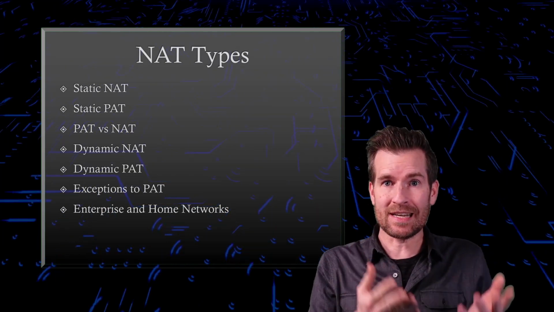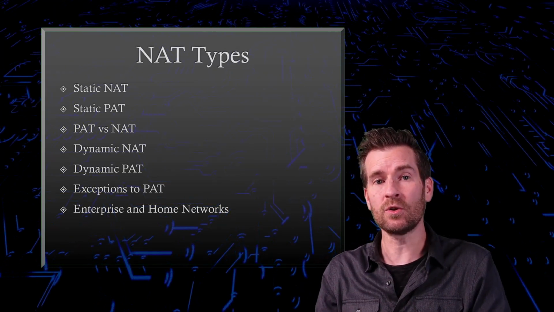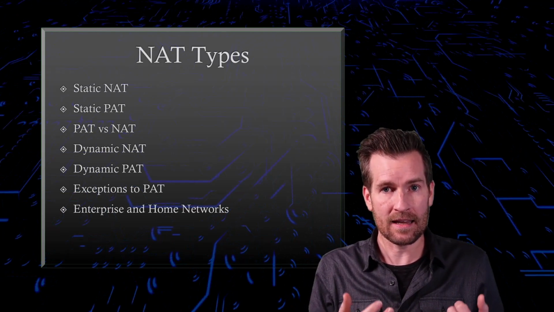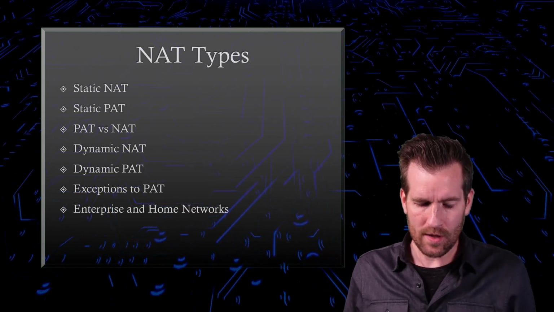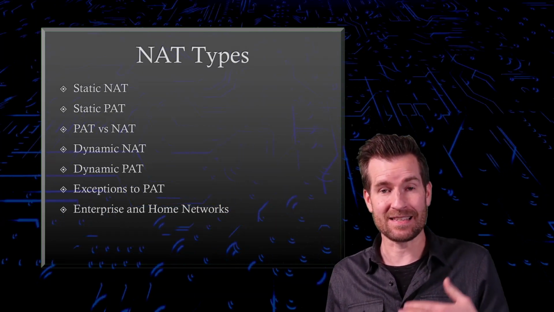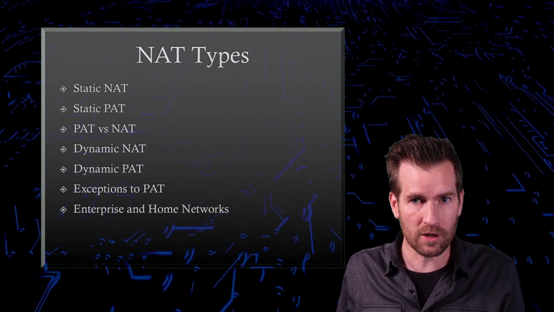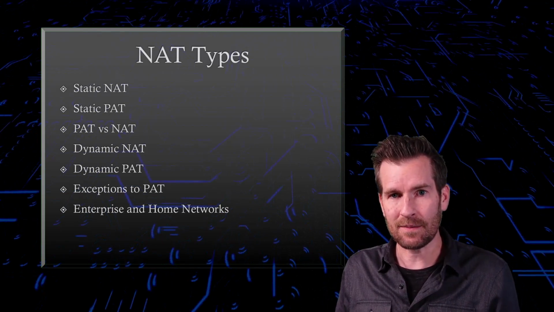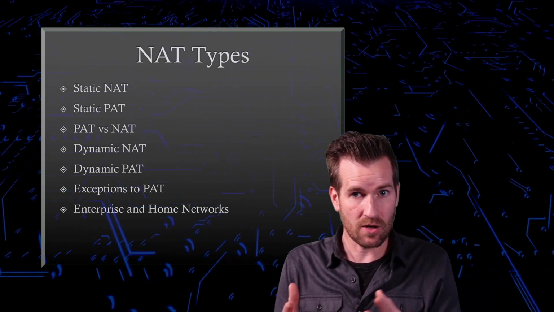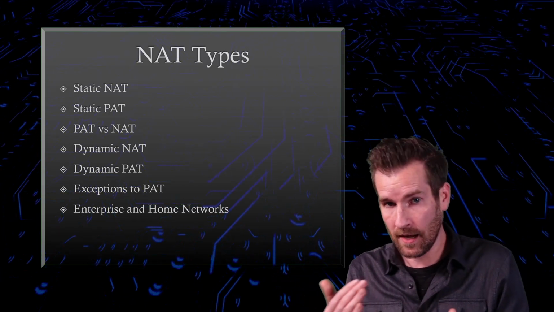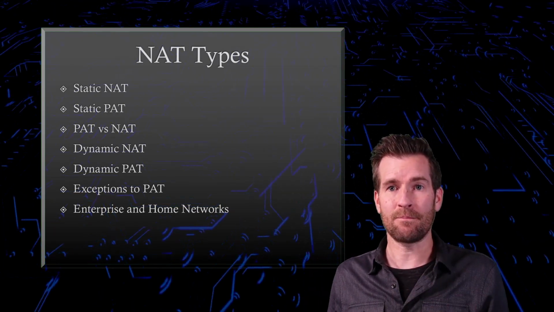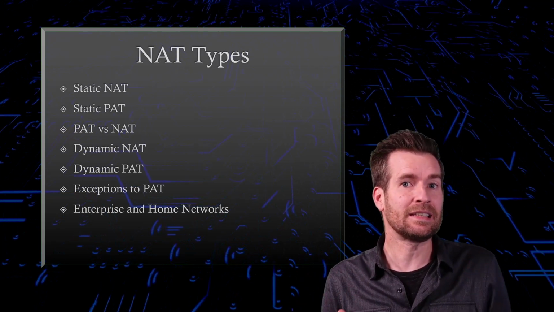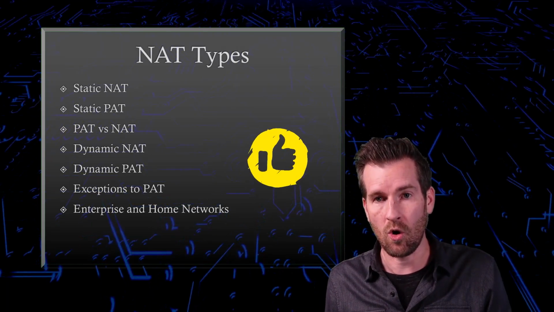The difference between NAT and PAT is PAT includes a port and an IP address, where NAT is just the IP address. We talked about some exceptions to PAT because not all protocols use ports. Those exceptions are dealt with on a protocol-by-protocol basis. And then finally, we wrapped it up by talking about what you would actually see on an enterprise or home network.